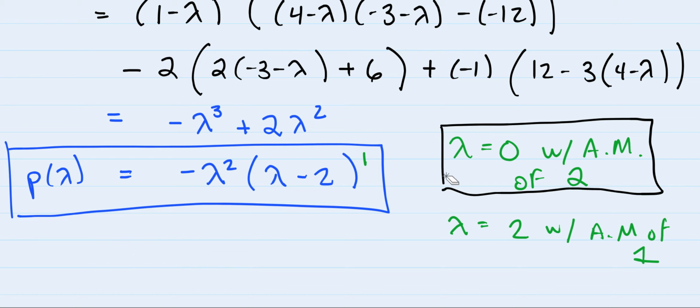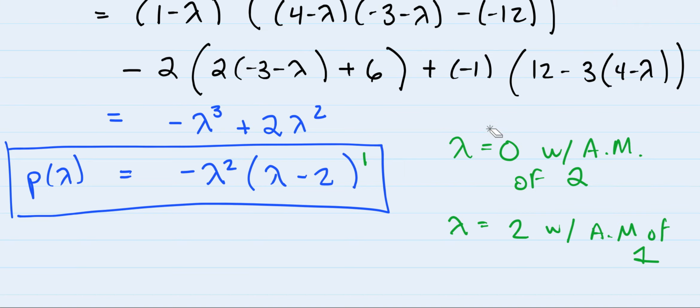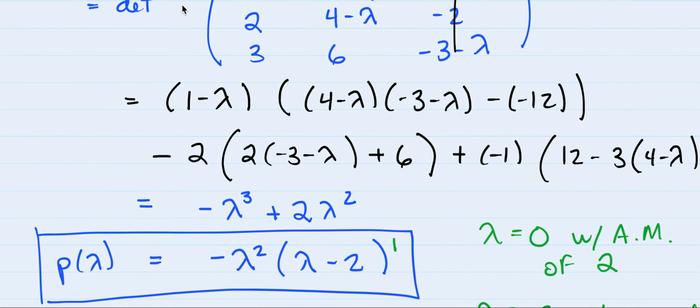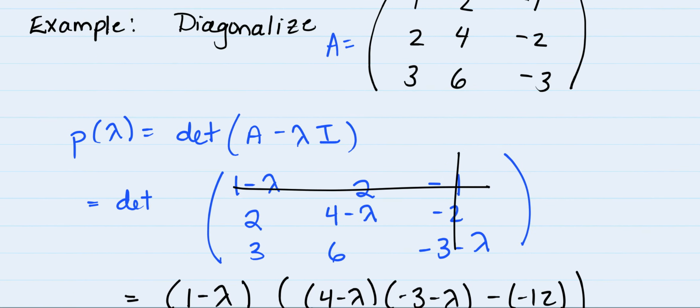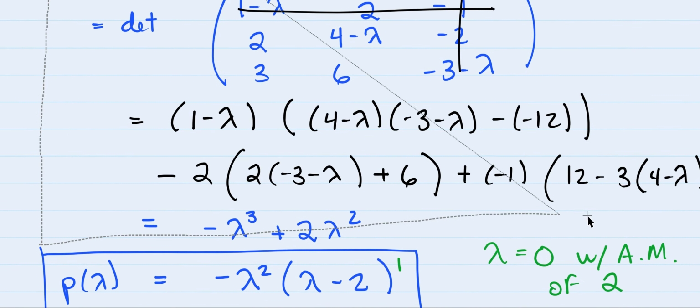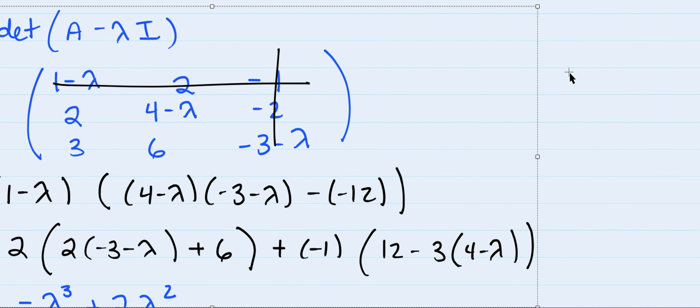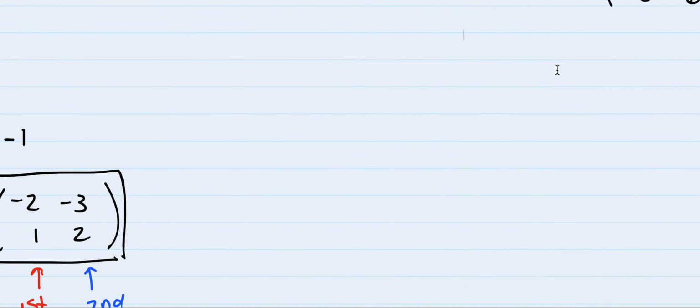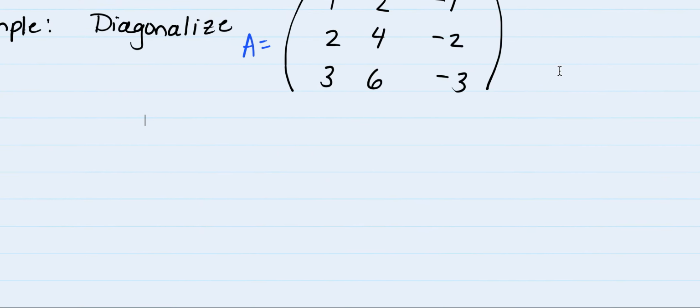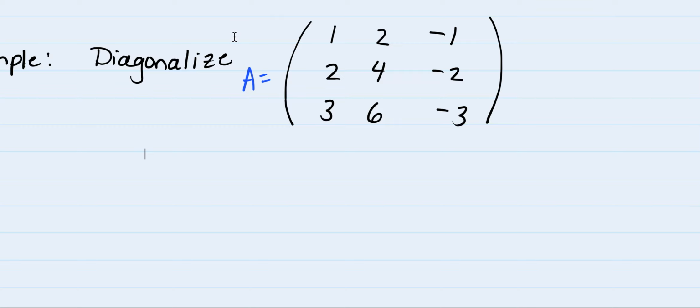Okay, so let's find the corresponding eigenspaces. So let's go back up here so we can see the matrix. Okay, here's the matrix. So we said we had 2 eigenvalues.